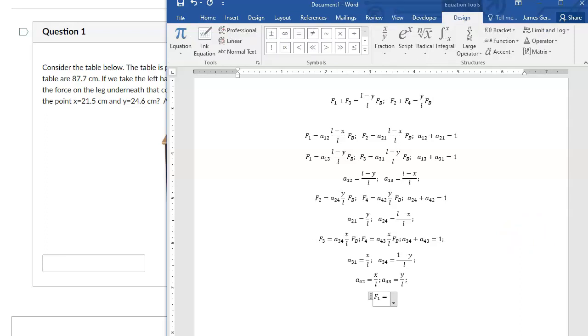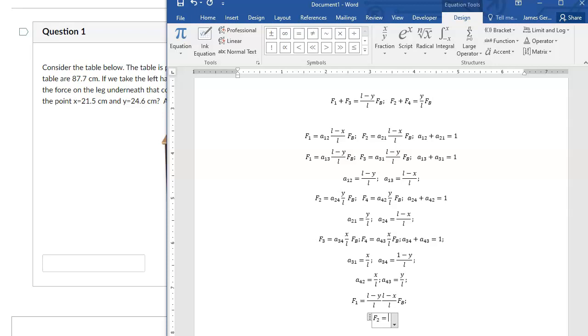F1. F1 is what? F1 is L minus Y over L times, what's the other coefficient for 1? L minus X over L. Oh, that's ugly. Times FB. That's F1. What's F2?